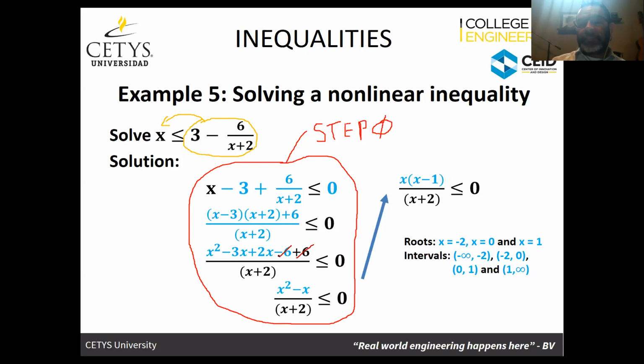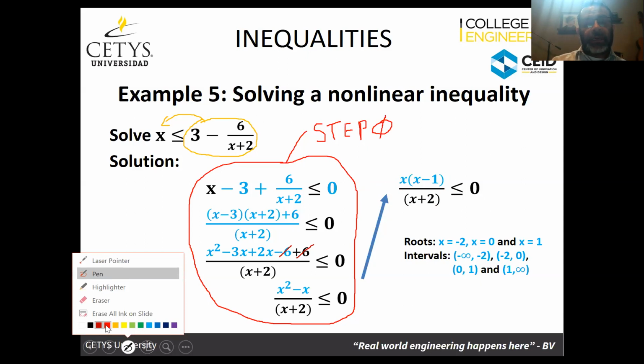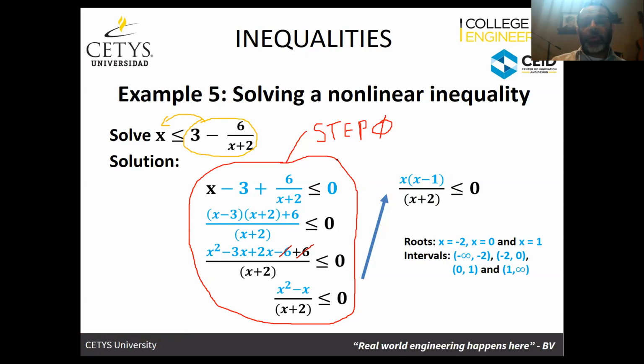And this is less than or equal to 0, okay? And this would complete step 0, okay? So step 0 is to have the expression with a 0 on the other side, okay?